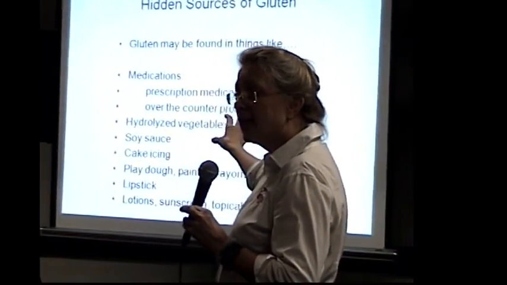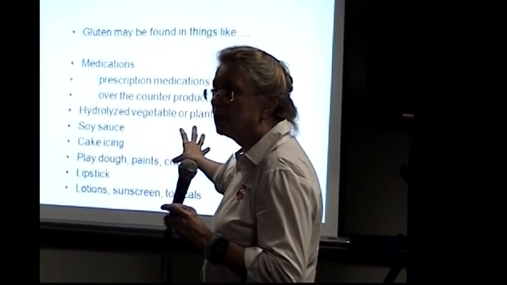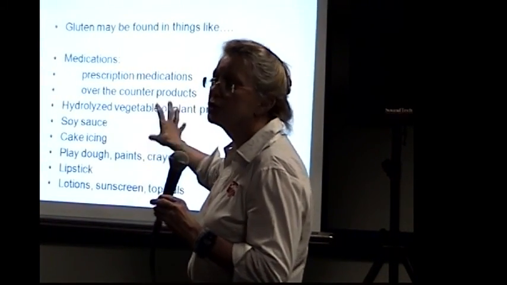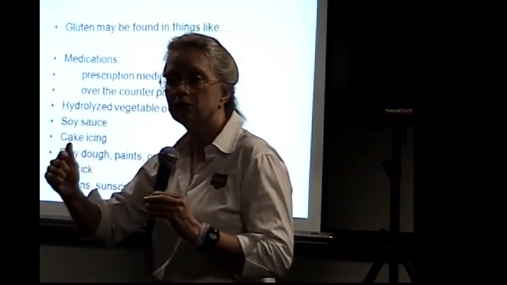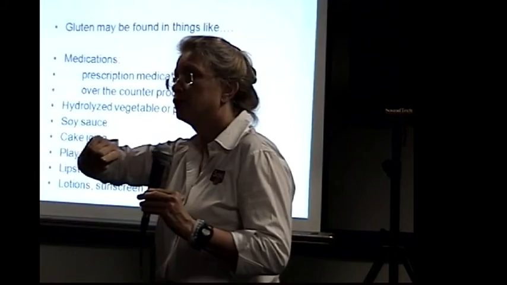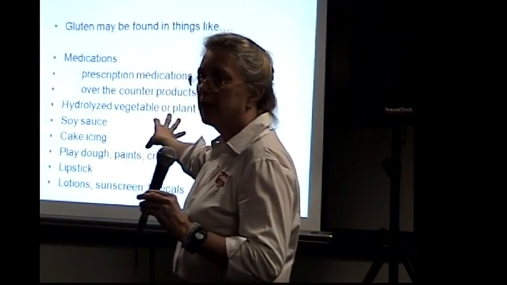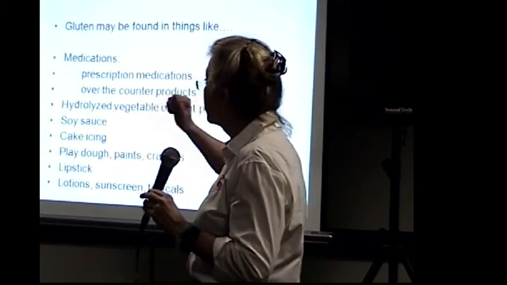So all that inactive ingredient is often wheat-based. Doesn't have to be. It can be corn-based, but it can be wheat-based starch. So we need to make sure that you're looking at your medications, because that's another reason why your blood sugars and your absorption can be like a roller coaster, because you may be getting daily doses of wheat in the medications you're taking.